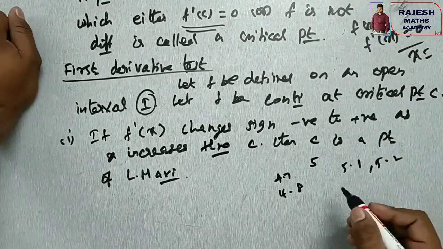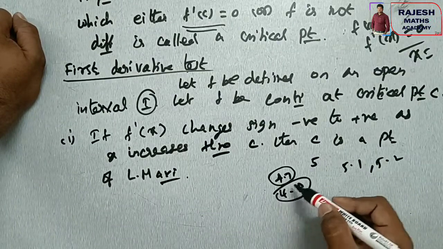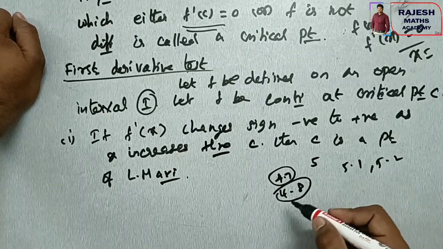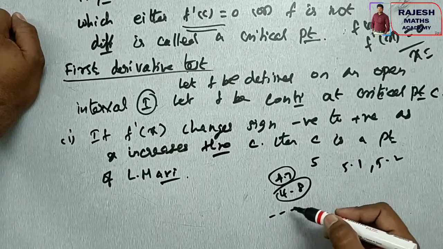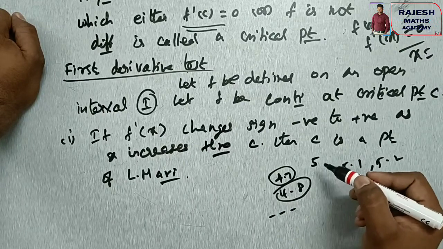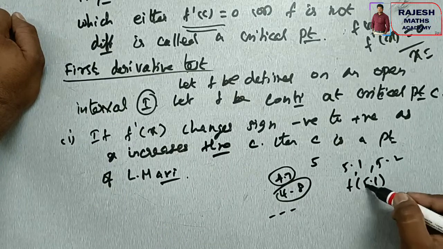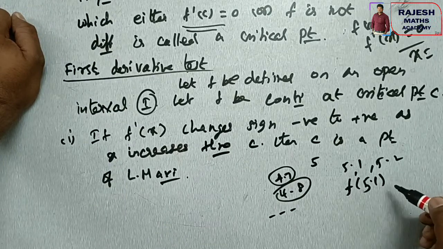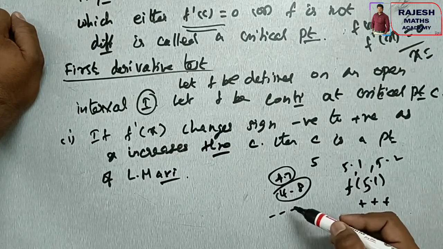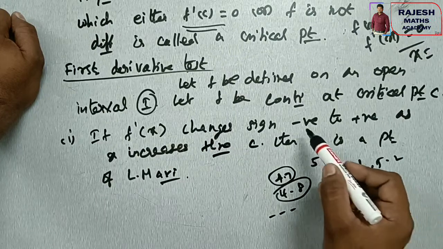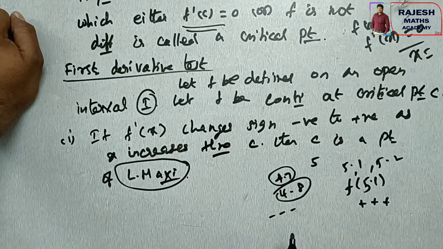If f dash of 4.7, f dash of 4.8, f dash of 4.9 are all negative, and similarly on the right side f dash of 5.1, 5.2, 5.3 are all positive, the sign changes from negative to positive, which means that point C is called a local minimum. So f of C is the local minimum value.